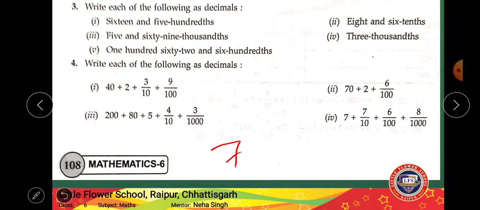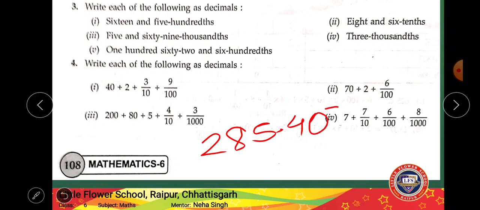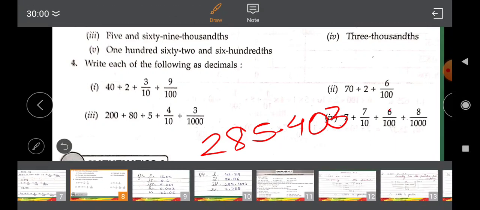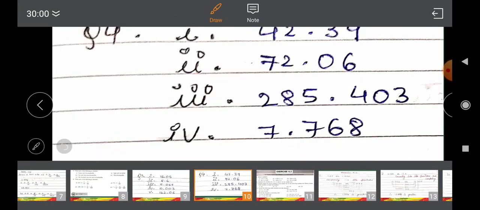Moving on for the third, 200 plus 85 means 285. Decimal starts, tenths place is given 4, hundredths place is not given, so we'll put a 0. Thousandths place is given, so 3. 285.403.